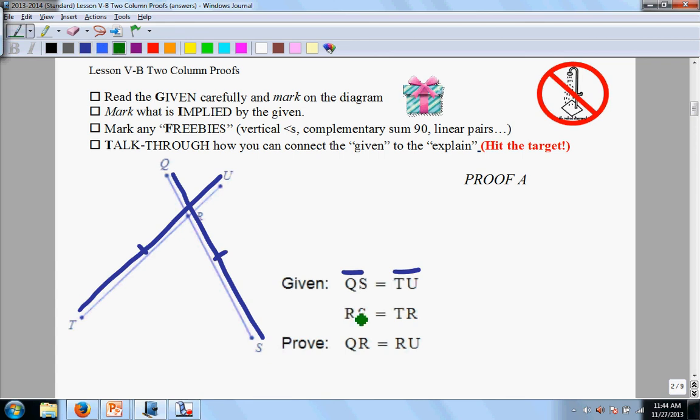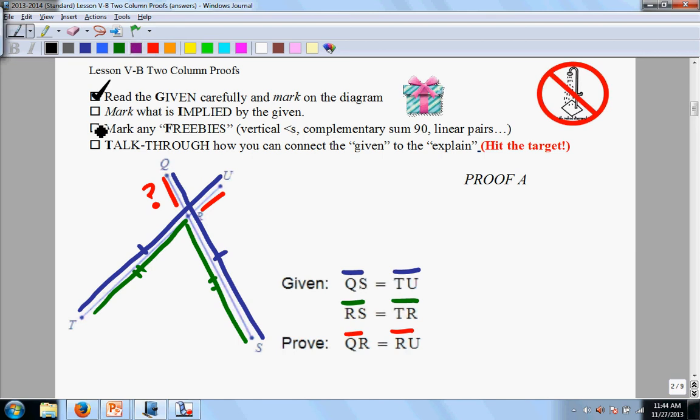And we're also told that segment RS and TR are of equal length. And we're being asked, in this scenario, if you know those two segments are equal, how do we know that the QR, which is from here to here, and RU are equal? So that's our given information and what we implied.